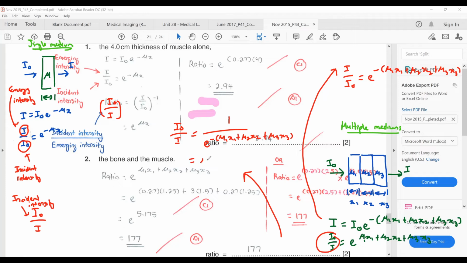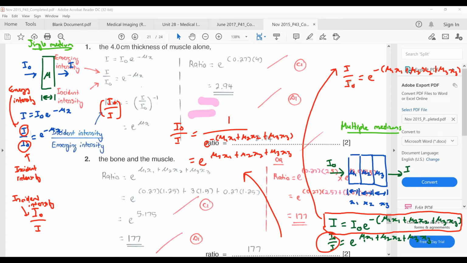So in turn giving me exponential of mu1 x1 plus mu2 x2 plus mu3 x3. It's the same, right? So the original equation I started off with is still this. I'm just changing it according to what the question wants.